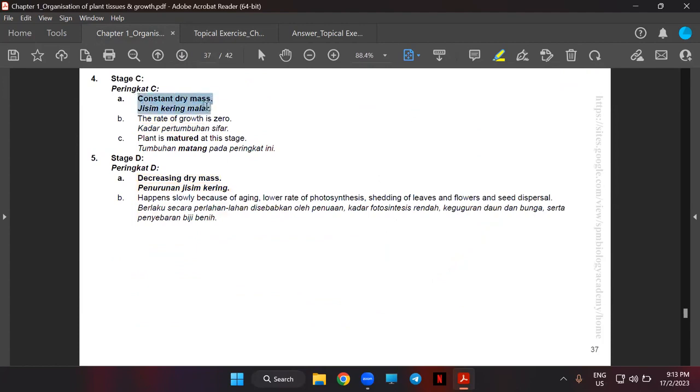Constant dry mass, jisim kering malar, the rate of growth is 0, kadar pertumbuhan sifar, plant is matured at this stage, tumbuhan matang pada peringkat ini.